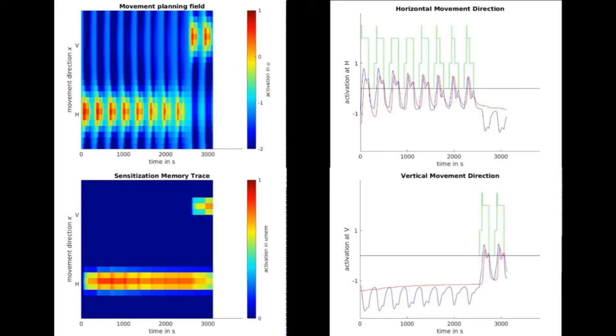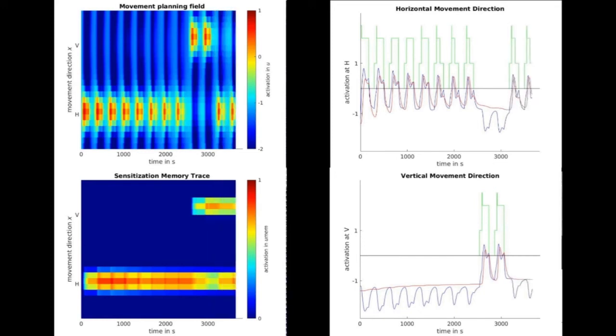What we can see here is that movement time is reinstated, and also when you take a look at the memory trace, it goes down here because we do not have any input at the horizontal movement direction, but instead it builds at the vertical movement direction. And now we simply go back to the opposite movement direction for the additional trials.